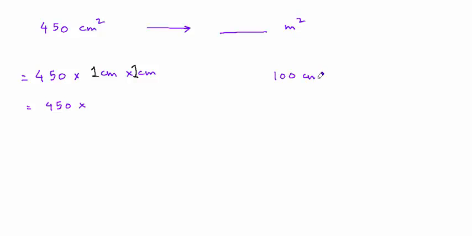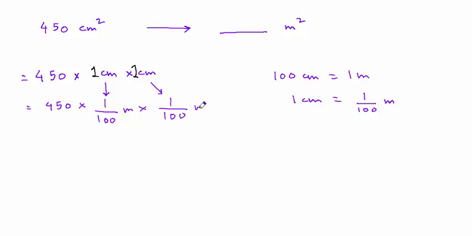We know that 100 centimeters is equal to 1 meter, and therefore 1 centimeter is equal to 1 over 100 of a meter. So in place of each centimeter, we write 1 over 100 meter. The final result is 450 divided by the product of 100 and 100. That's 10,000.